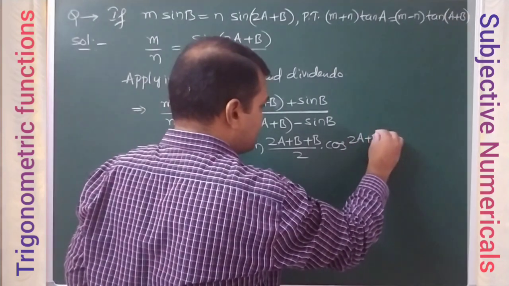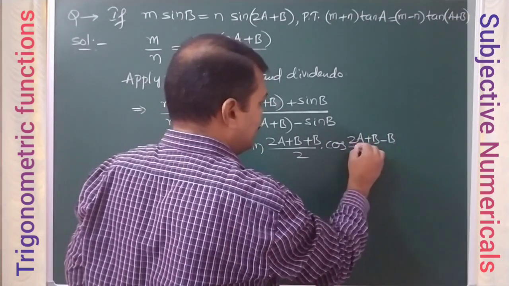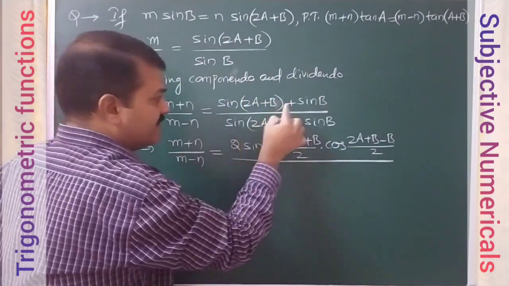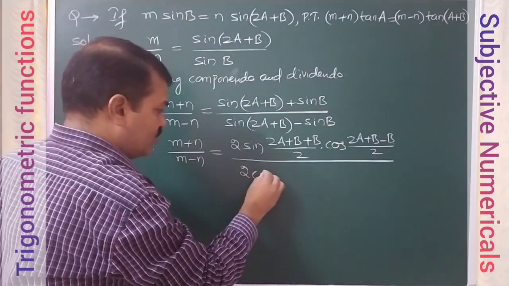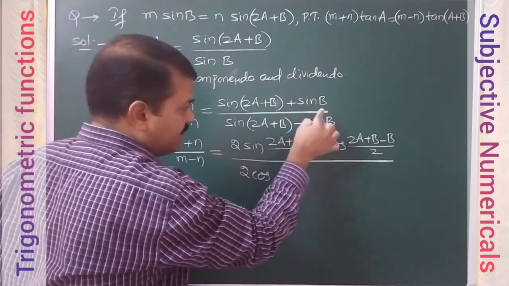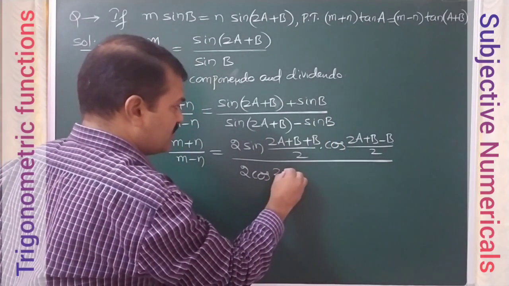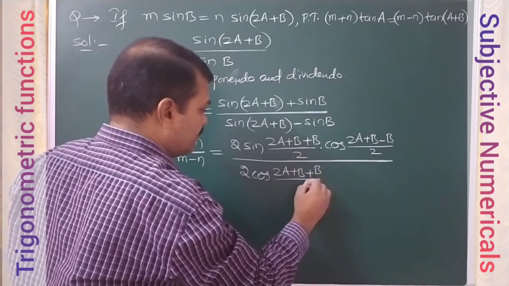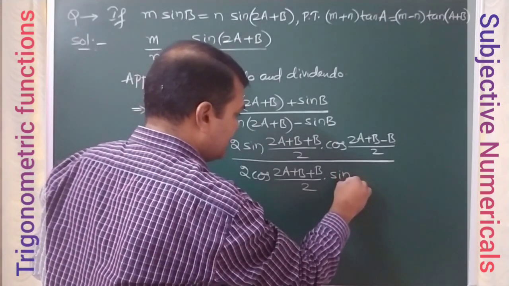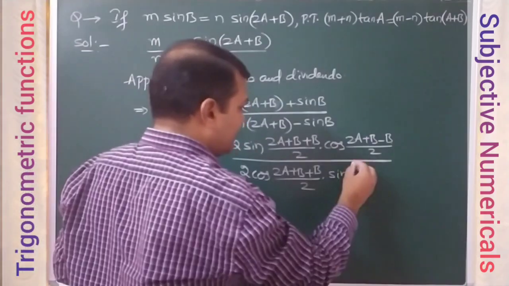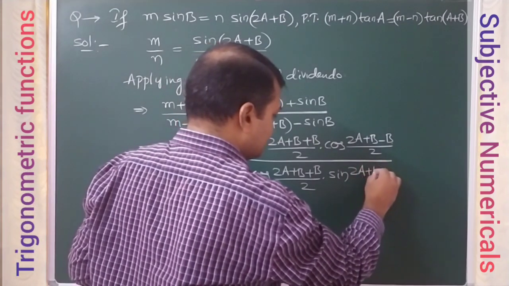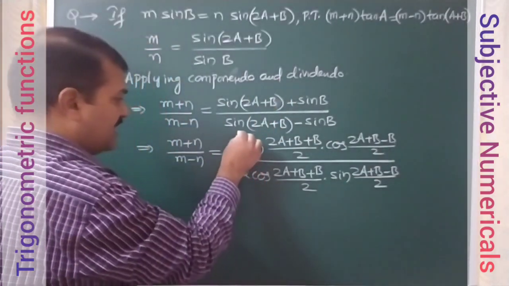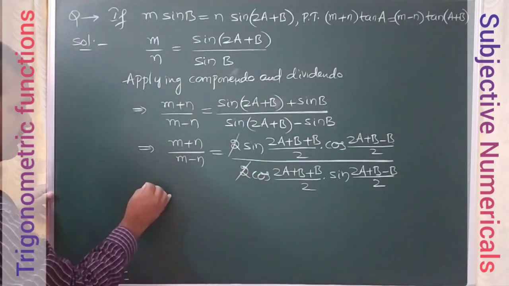So 2a plus b minus b by 2. Denominator sin C minus sin D: 2 cos C plus D by 2 into sin C minus D by 2. So direct formula application, I can cancel this 2 and 2.